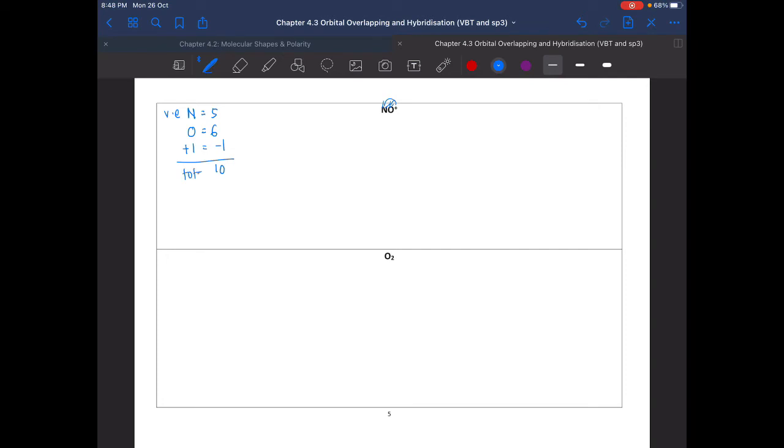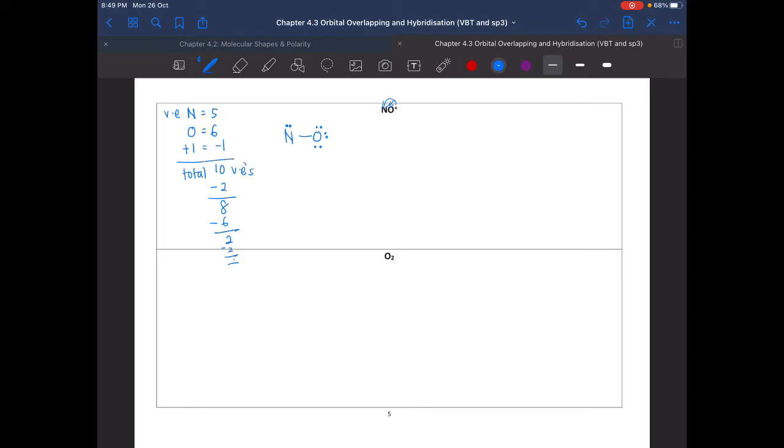So total 10 valence electrons, and then we draw, bonded with oxygen. So minus 2, so the balance of 8 electrons need to be placed at oxygen because nitrogen is the central atom this time. So minus 6, so there are 2 electrons remaining. We put them at N.